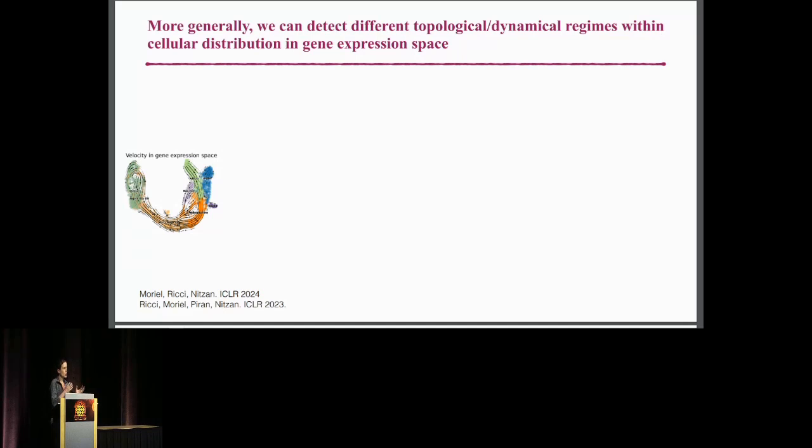We can generalize it to infer the biological processes cells are going through in different parts of gene expression space. I'll do that in a more concrete way through an example.